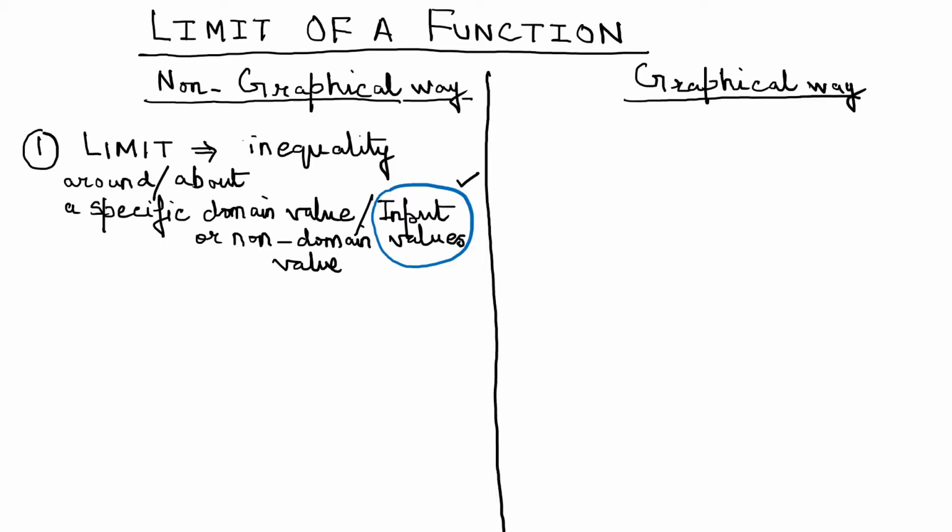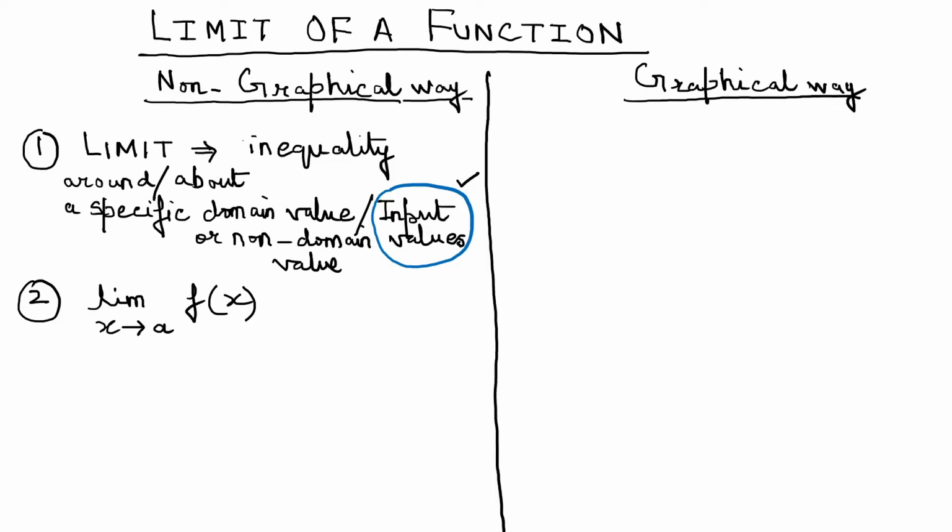Once you know this, the point which gets further highlighted here is, if I say that limit x tends to a, and if I'm talking about limit of a function f(x) such that the input value of x is a.